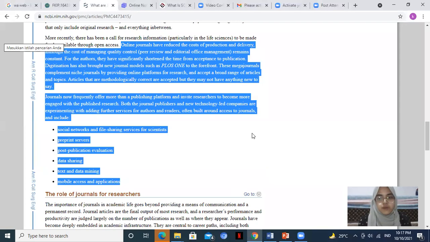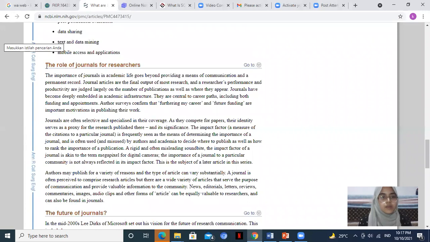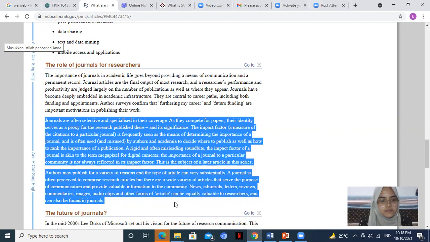Okay, I found the answer in the subheading "The role of journals for researchers." And the answer is from here until here.